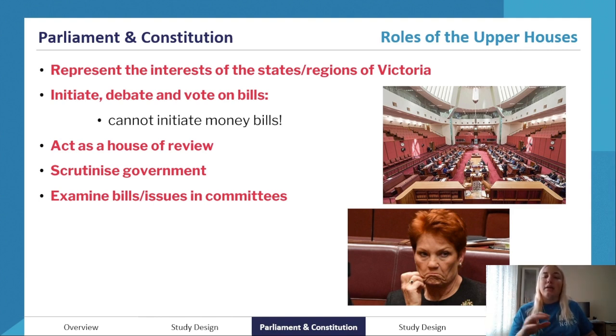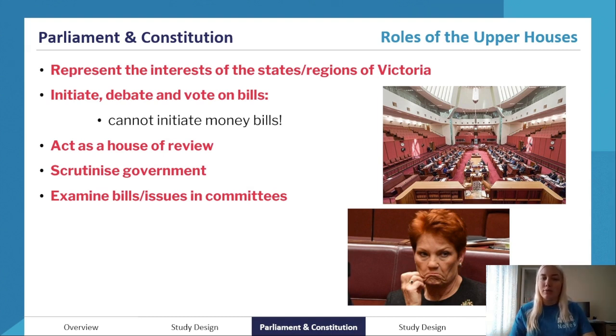Whereas in the upper houses, let's look at Victorian level, for instance, there is a set number of representatives that will form the upper house from each region that Victoria is divided into. So there is geographical representation in the upper house based on distinct geographical areas.